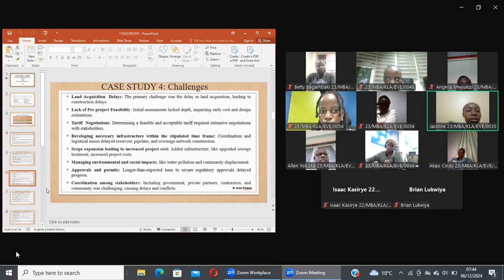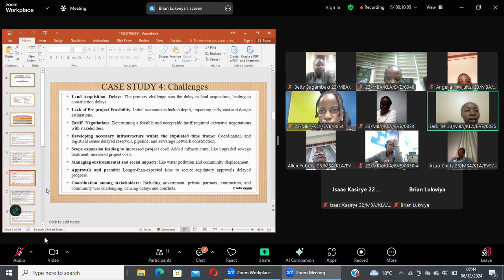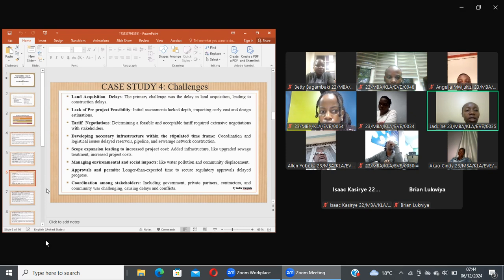Sorry, during this project implementation, a number of challenges were encountered as discussed below. There was challenges during land acquisition where there were delays. The primary challenge was the delay in land acquisition, leading to construction delays.